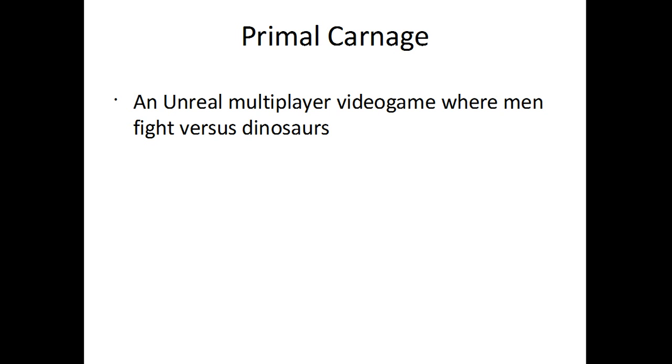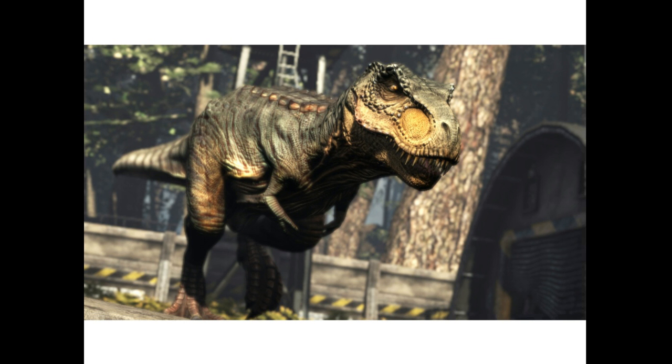So let's compare my model with something more simple. I chose the model of a Tyrannosaur from Primal Carnage. That is a multiplayer video game where men fight versus dinosaurs, and it is an Unreal video game as well, so it is right for the purpose.